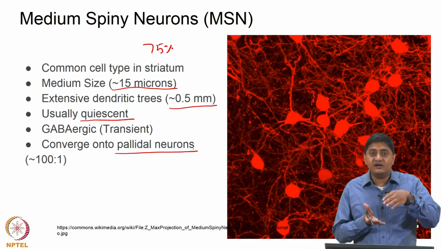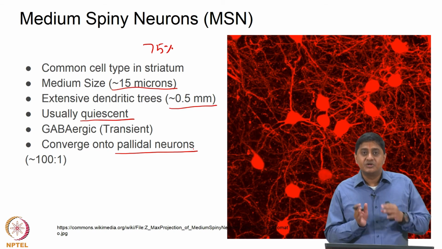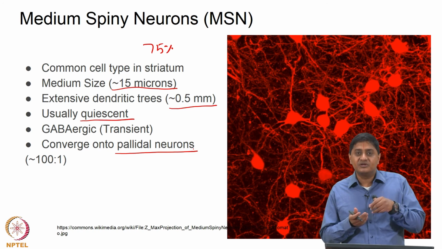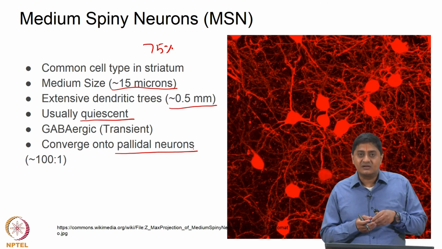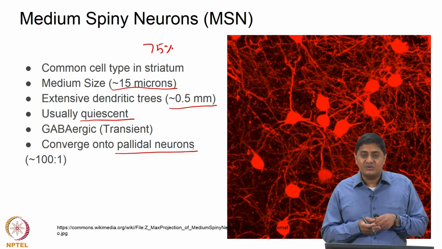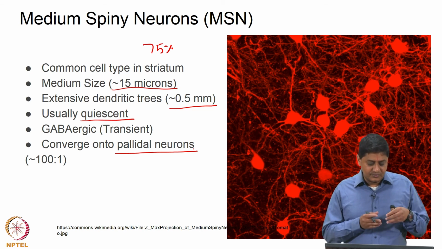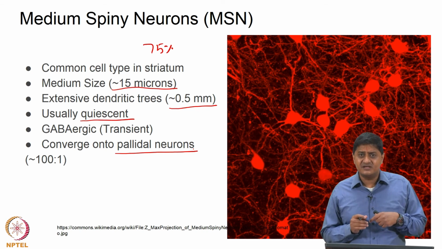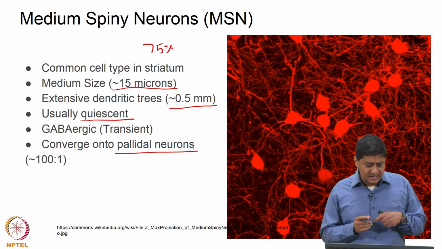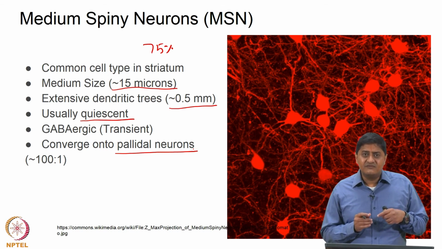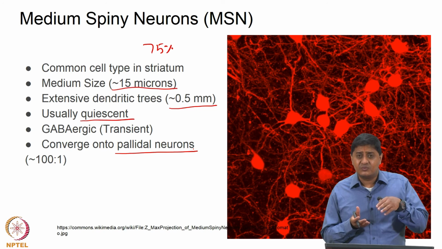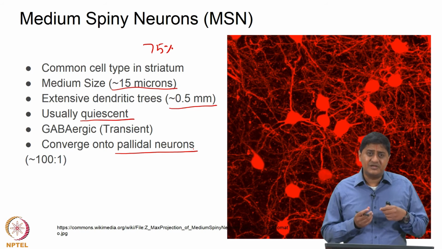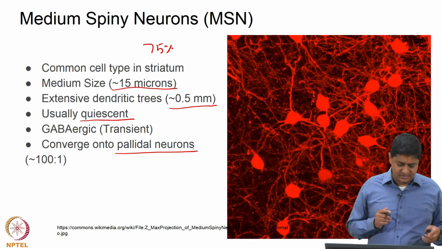So, 100 medium spiny neurons project to one pallidal neuron. Note, medium spiny neurons project both to the GPE, or globus pallidus external, and the GPI, or globus pallidus internal, regardless of which target is being used. On average, 100 medium spiny neurons project to one pallidal neuron.